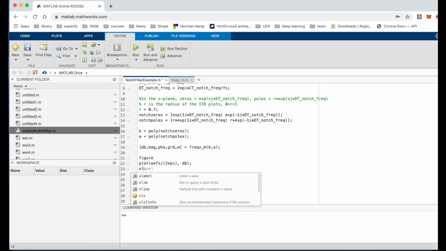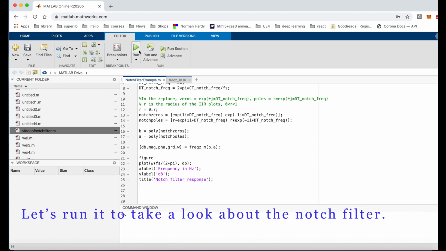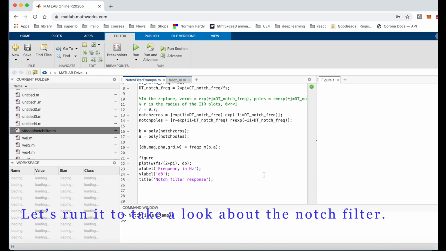X label is frequency in Hertz. Y label is dB, and the title is notch filter response. Let's run it to take a look at the notch filter.